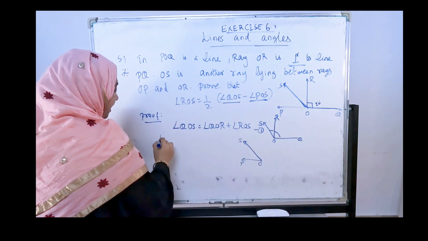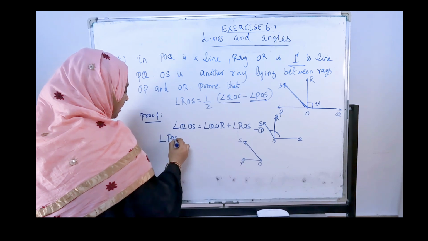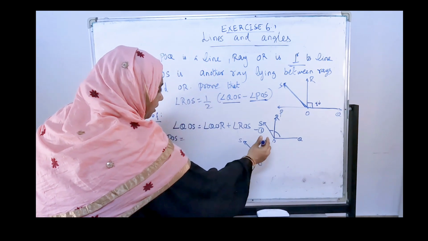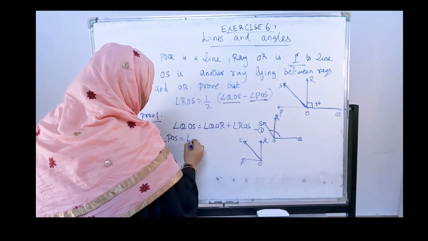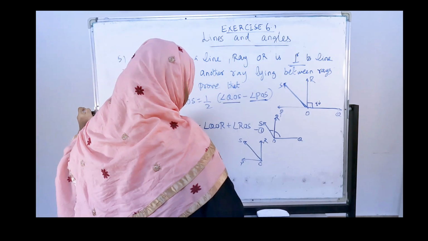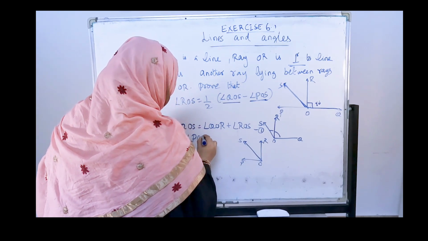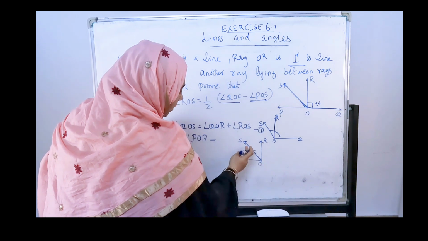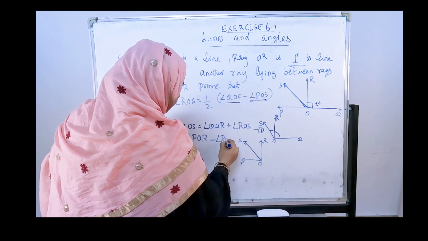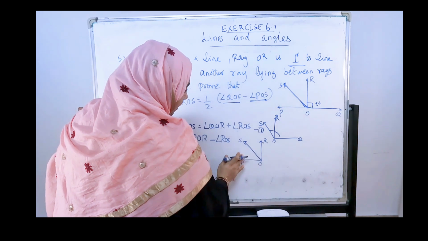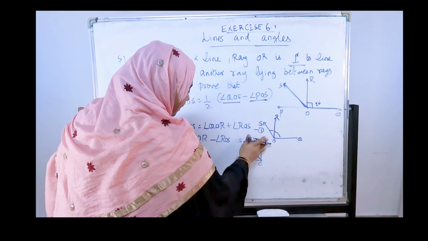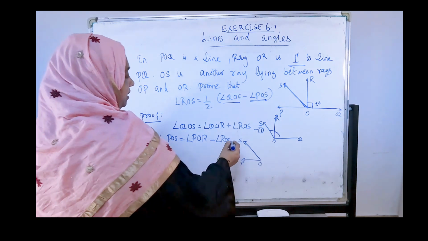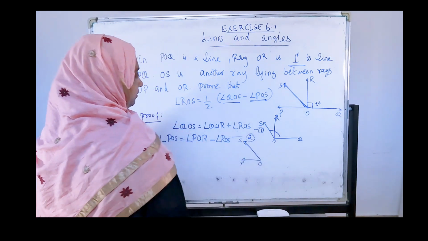Okay, so we are writing angle POS as angle POR minus ROS. So this subtraction gives us POS. This is our second part.